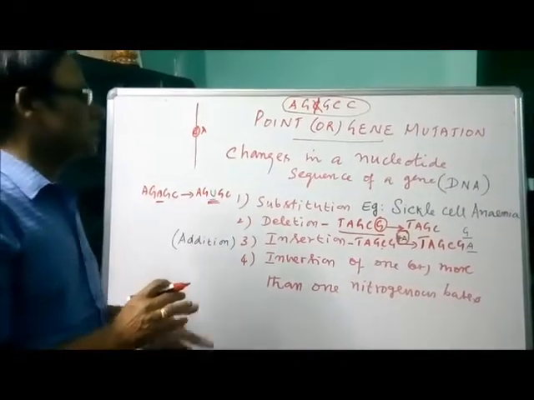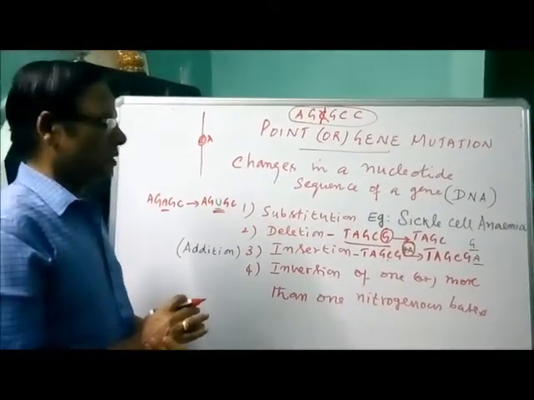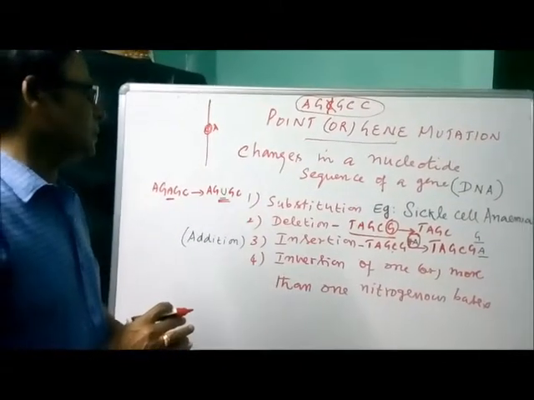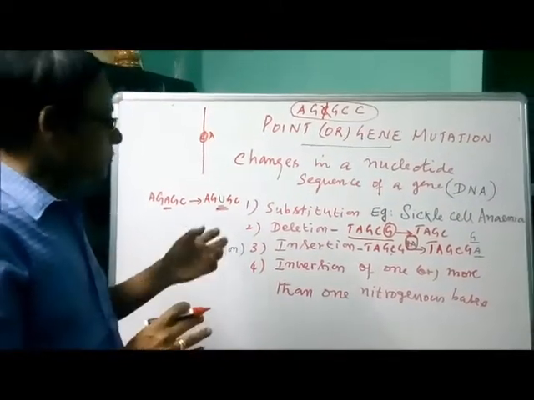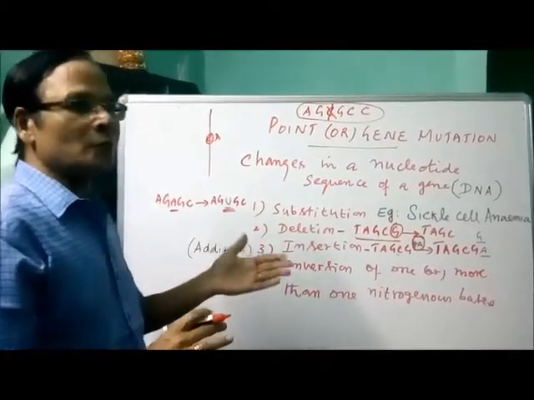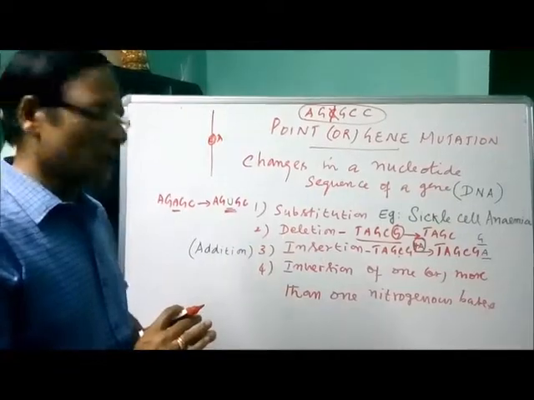In all gene mutation, it results in the production of abnormal non-functional protein of an organism, because normally the genes code for proteins. When the gene is defective, an abnormal, non-functional protein will be produced.